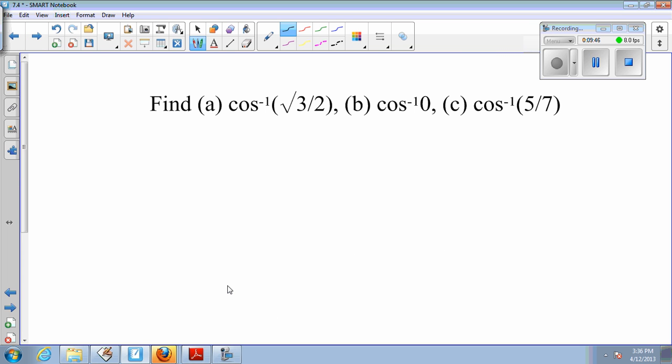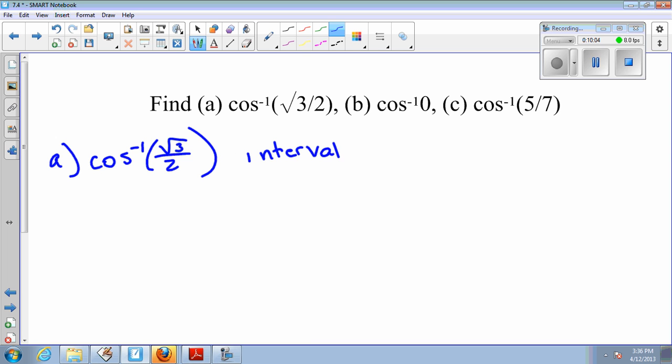We're going to find the inverse cosine of √3/2. And we need to remember its interval is from 0 to pi, which is the upper half of the unit circle.